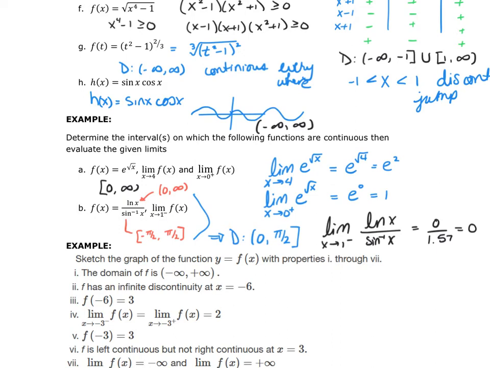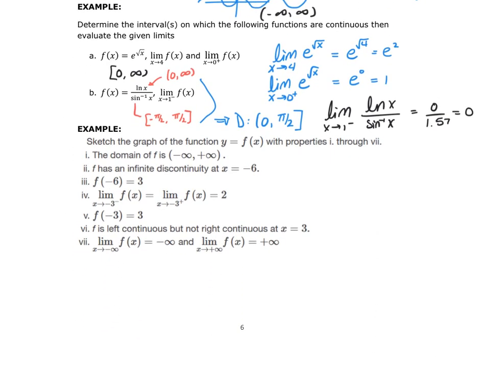Let's take a look at this example in which we're asked to sketch a graph with this information. First of all, the domain is everything. It has an infinite discontinuity at -6. At -6, the output is 3. The limit from the left and the right of -3 is the same, so it does exist. It is 2.